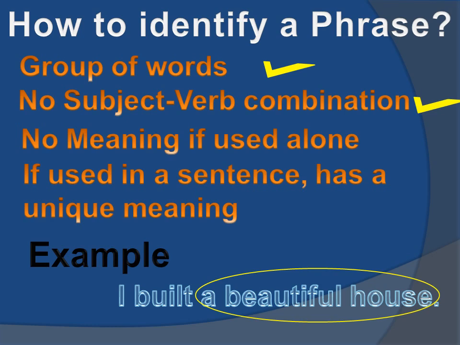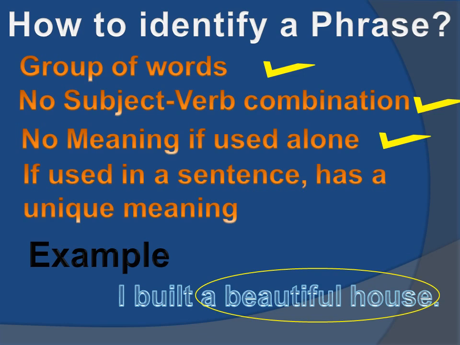If I use it alone, a beautiful house, to some extent, it gives a meaning, but it is not giving us the proper meaning. So, no meaning if used alone is also true.